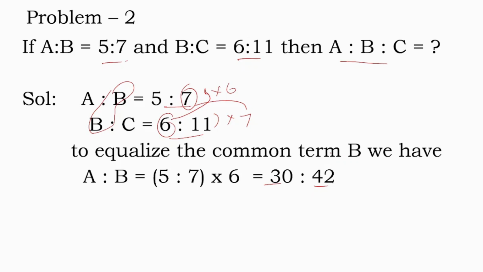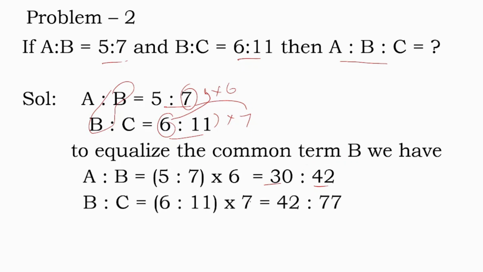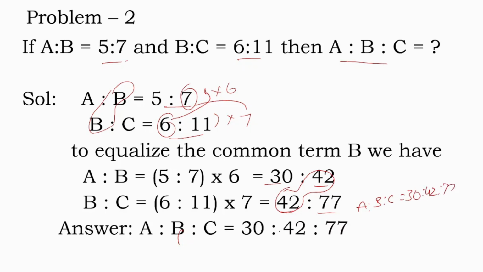The second ratio becomes, with the multiplication of 7, 7 sixes are 42, and 11 sevens are 77. So here the value is equal. So we can express A is to B is to C as 30 is to 42 is to 77. So our answer is A is to B is to C is 30 is to 42 is to 77.